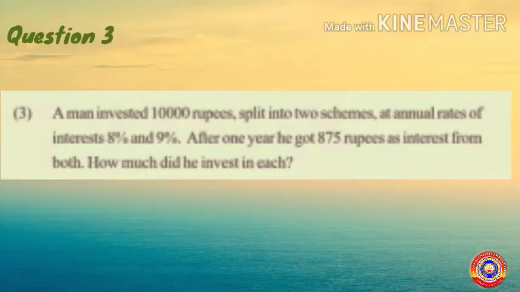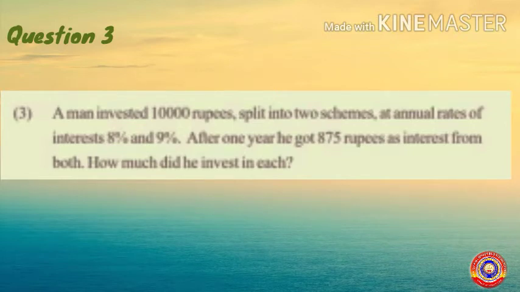Good. Next, question number 3. A man invested 10,000 rupees split into 2 schemes at annual rates of interest 8% and 9%. After 1 year, he got 875 rupees as interest from both. How much did he invest in each? The question tells that a man invested 10,000 rupees into 2 schemes.